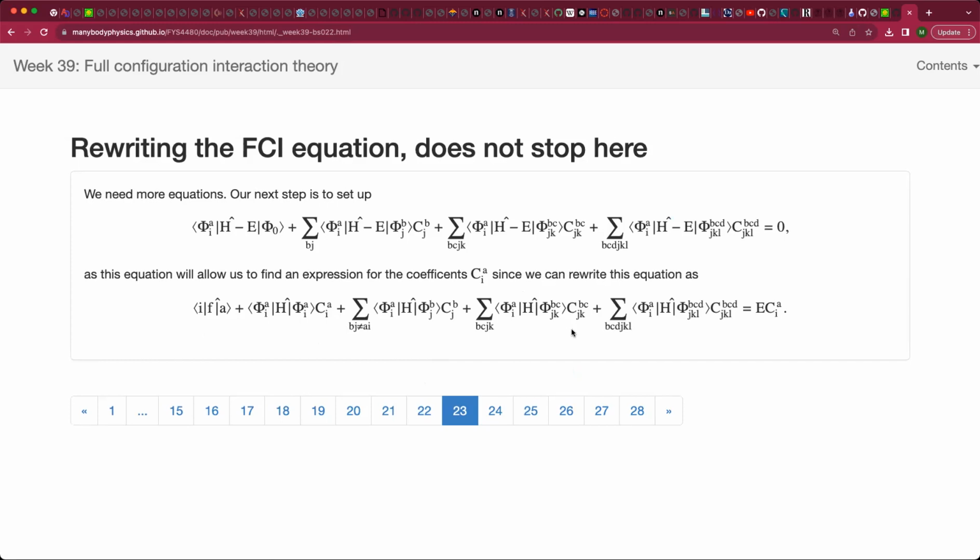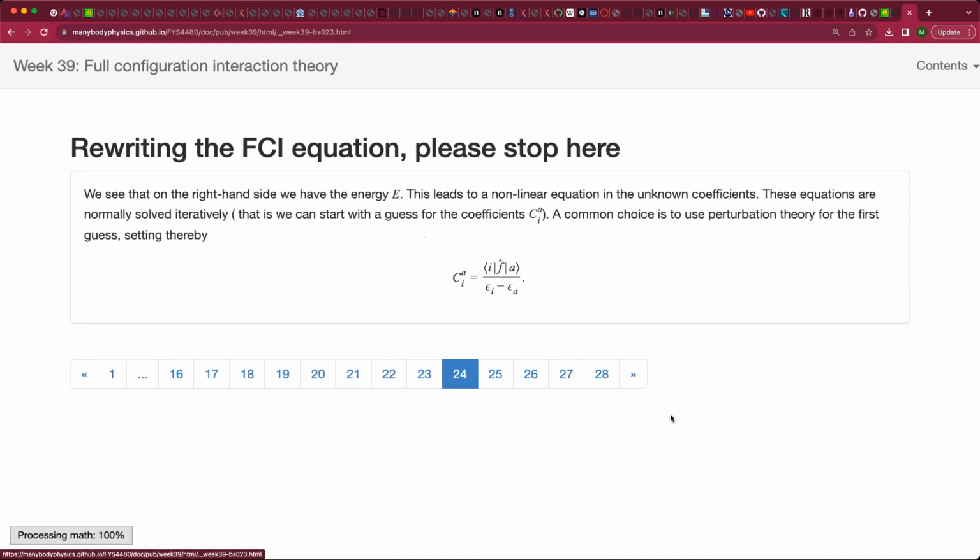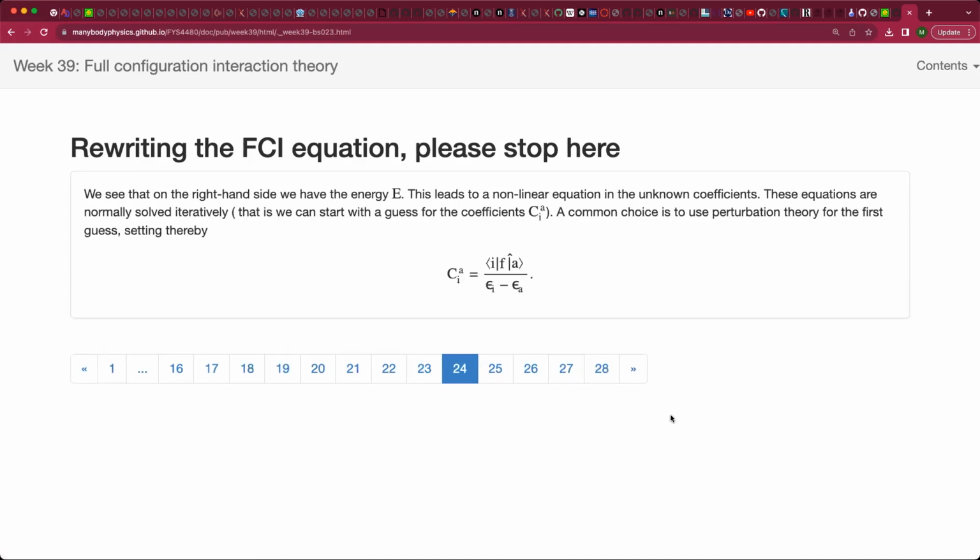So that means that we will get expressions for the coefficients for the one-particle, one-hole piece and two-particle, two-hole piece. So you will probably not see the full reach of this before we come to many-body perturbation theory and coupled cluster theory and other many-body methods. But I'm just mentioning it now because these are common approximations for the first iteration here.